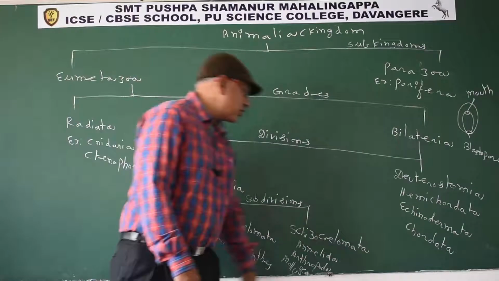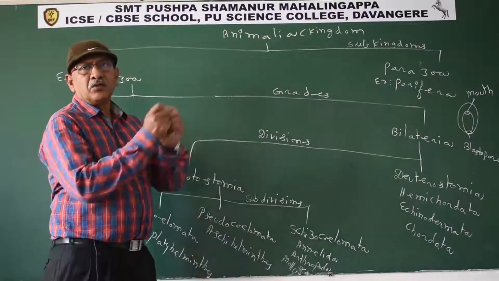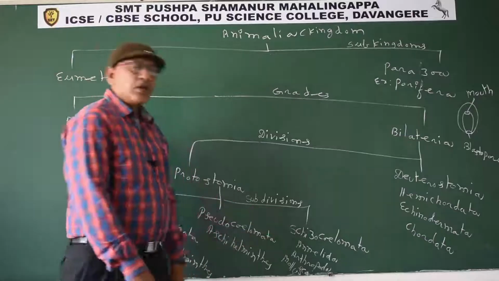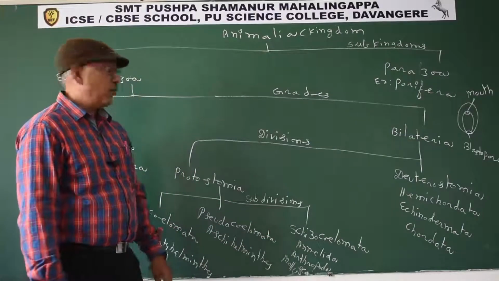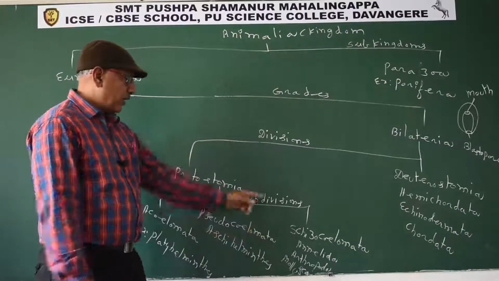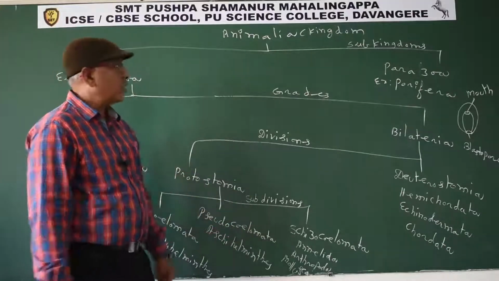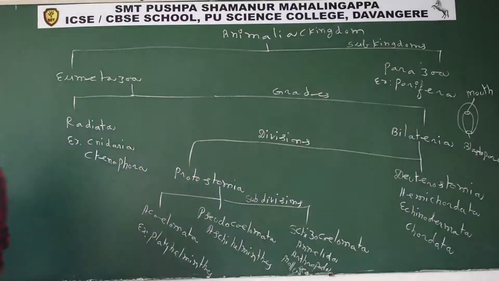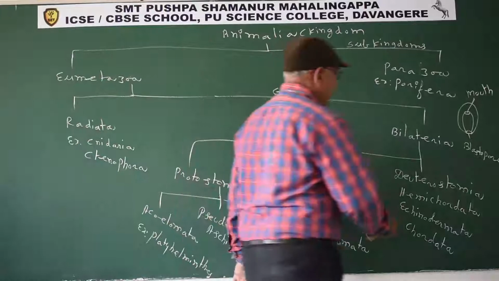Next one, Schizocoelomata. Due to splitting of the mesoderm, coelom is formed. So that is known as Schizocoelomata. Three phyla are included in Schizocoelomata: Annelida, Arthropoda, Mollusca. Next one, Deuterostomia.